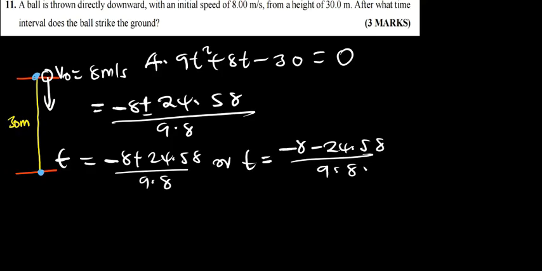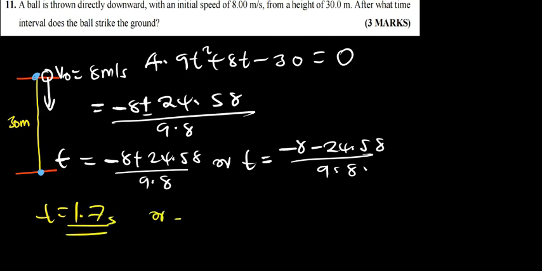Now, one thing I want you to understand here is this guy is going to give us negative time. But let's just find it anyway, then I'll explain it. So it's negative 8 plus 24.58. The answer I'm getting is 16.58. I divide this by 9.8, which is 1.69, which is the same as 1.7 seconds.